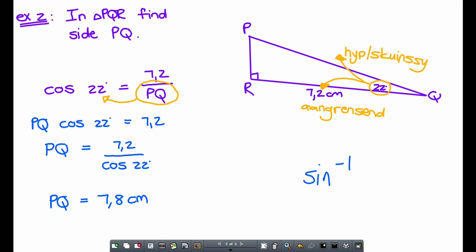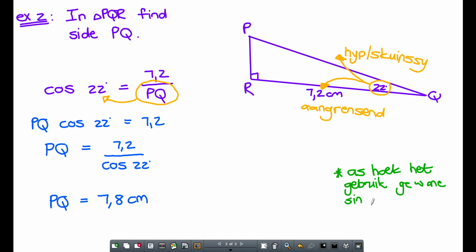Okay, so make yourself a note somewhere. If you've got the angle, use normal sin, cos or tan.